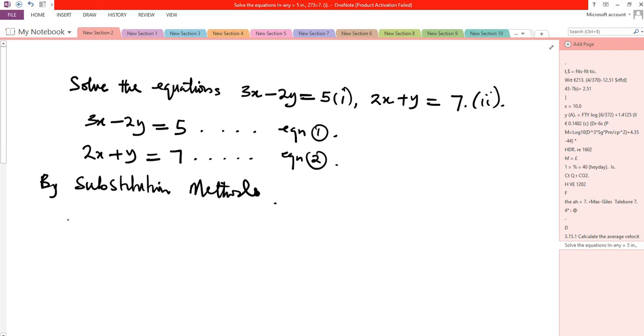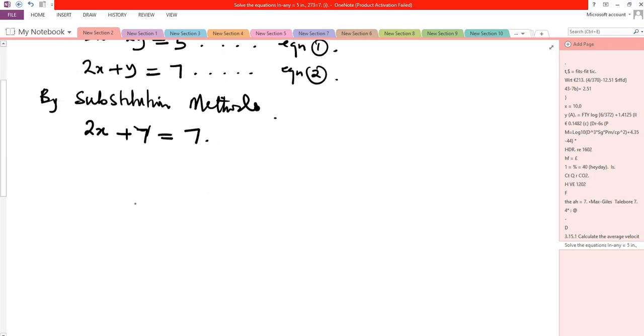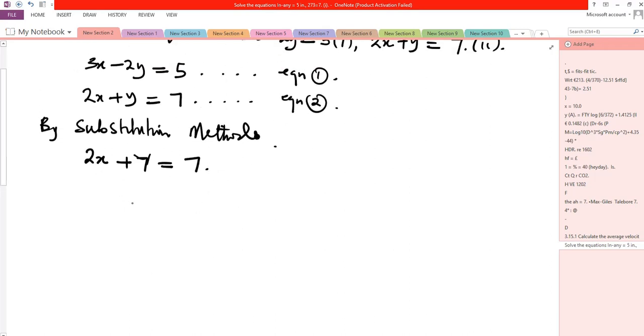Now let me write equation 2 here. What we're going to do for this equation 2 is isolate the y. To isolate the y is to take off this 2x.